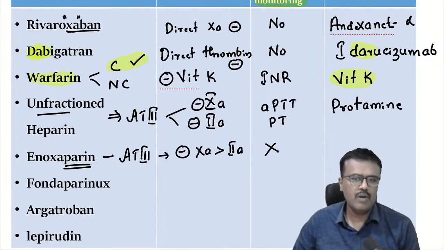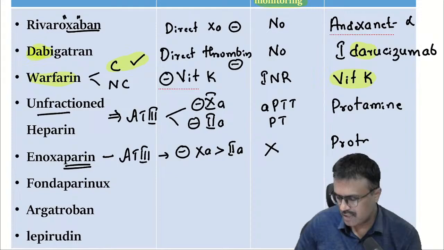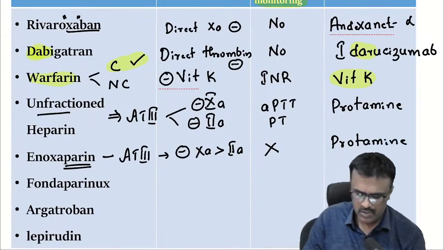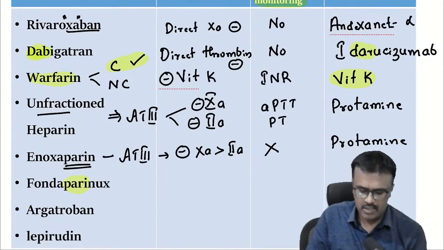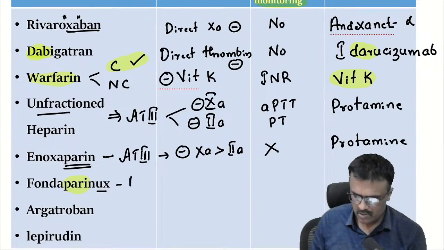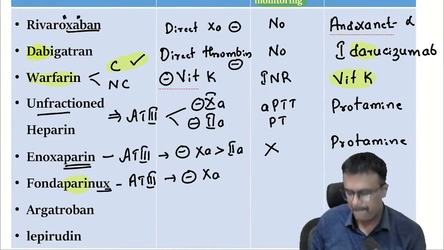No. If you want to monitor, you can. What is the antidote? Same, protamine sulfate. Fondaparinux, you see the name parin, it is similar to heparin. It ends with ux. That means it also acts on antithrombin 3, but inhibits only factor 10A.